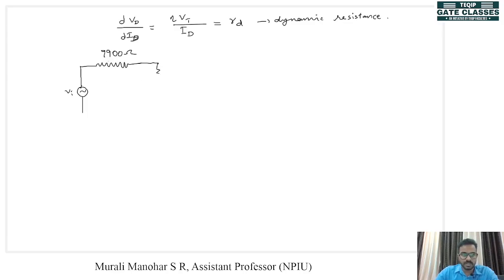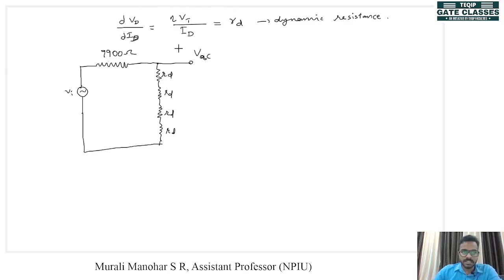So there is Rd only in the AC equivalent circuit of our diode. This is Rd, this is Rd, this is Rd, this is also Rd. Here we have our Vout or VAC, output AC voltage.